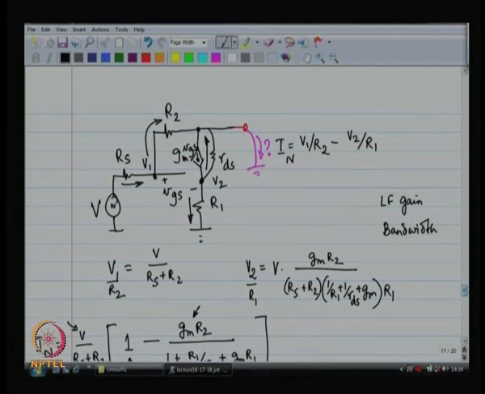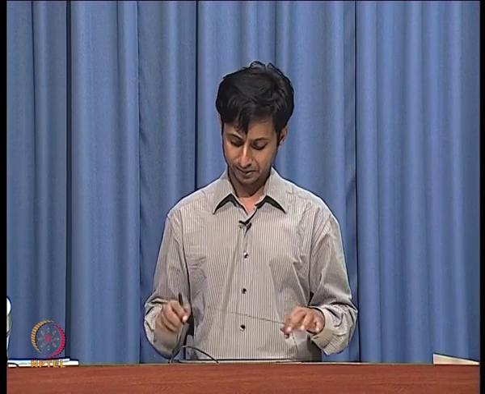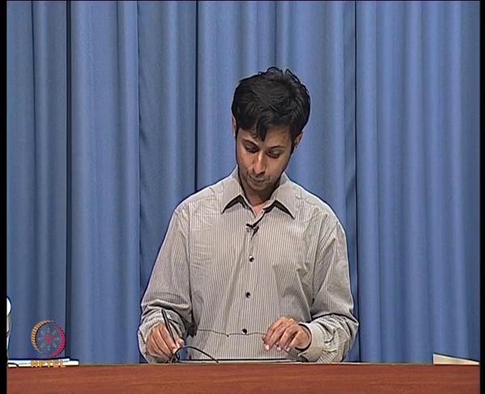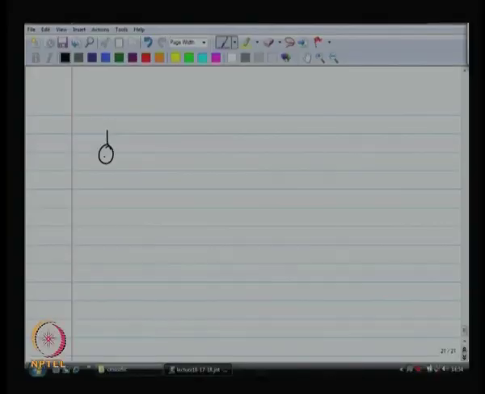We can get gains out of this by choosing appropriate values of R2 and R1 etc., and in relation to RS, but of course. And now the next question is, what is its bandwidth? And to work out the bandwidth, what we have to do is we have to employ the method of open circuit time constants.